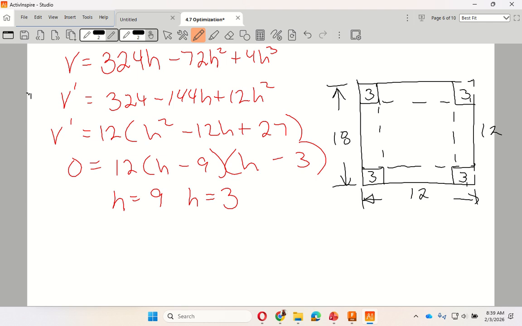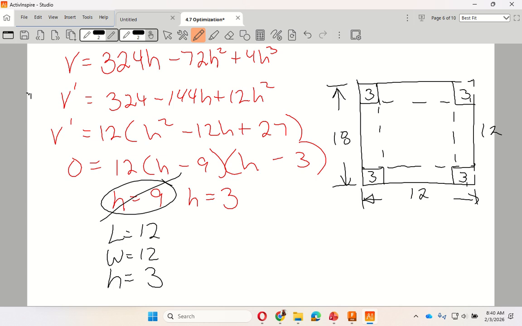So my length is 12, my width is 12, and my height is 3. So now I have all those.